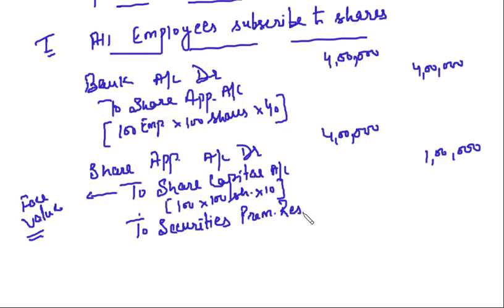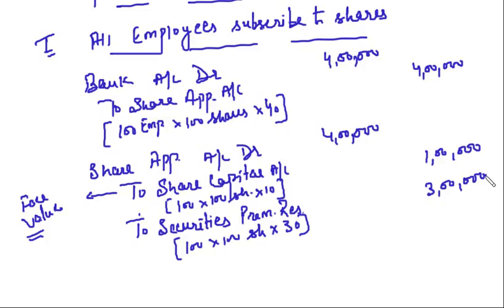Now, to the employees, we are giving it at a premium of 30 rupees. So 100 employees multiplied by 100 shares multiplied by 30. This is 3 lakh rupees, or you can say this is the balancing figure. Clear? Right, friends?